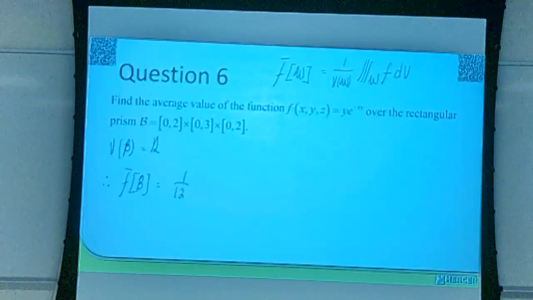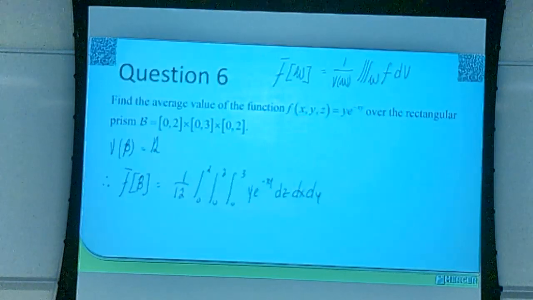I'm going to do z first, and then x, y. z is the obvious choice to go first because there's no z anywhere. No, I did that wrong. Okay. y is on the outside, so that's 0 to 3, and then it's 0 to 2.